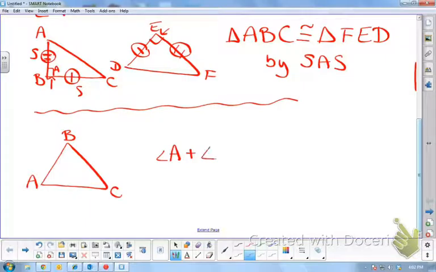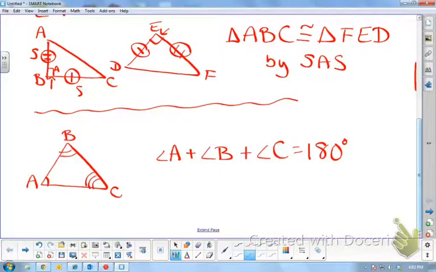We proved that by ripping off the corners of our triangles and laying them on a straight line, and we know a straight line is 180 degrees. So we know those three angles, angle A, angle B, and angle C in a triangle always add up to 180. And they don't have to be labeled ABC, they can be labeled anything. But we do know that they add up to 180.